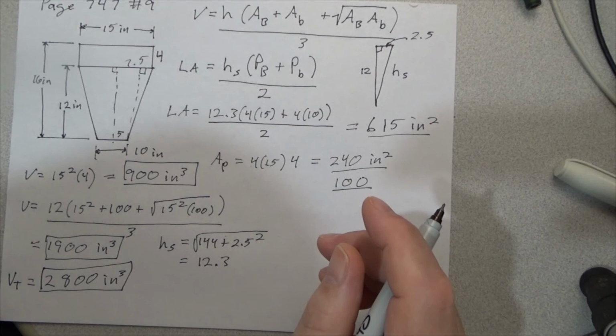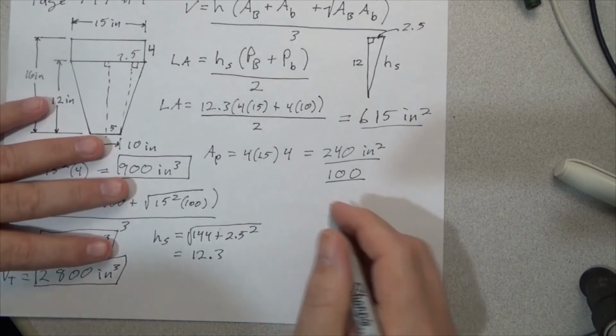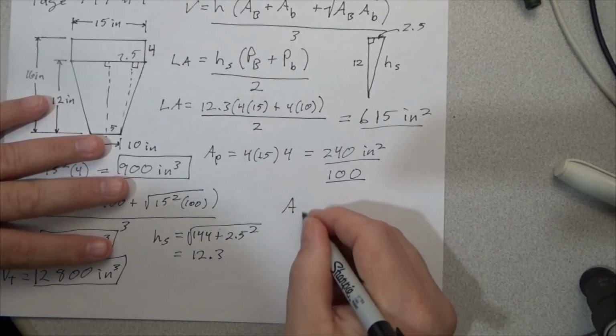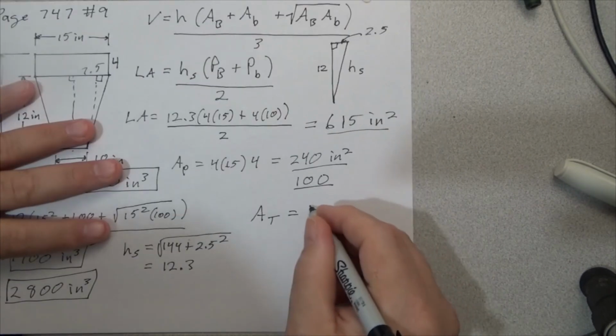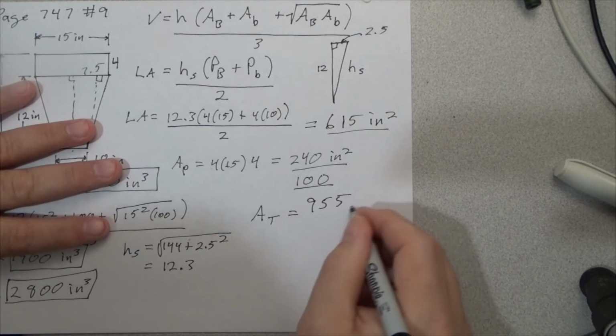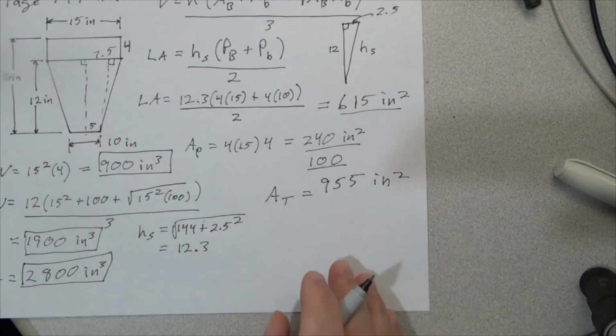615 plus 100 plus 240, 955. So the area of the total thing is equal to 955 inches squared. Now, we're not done.